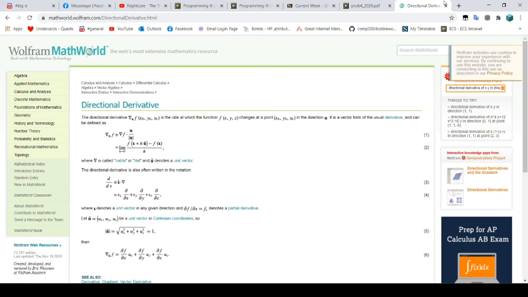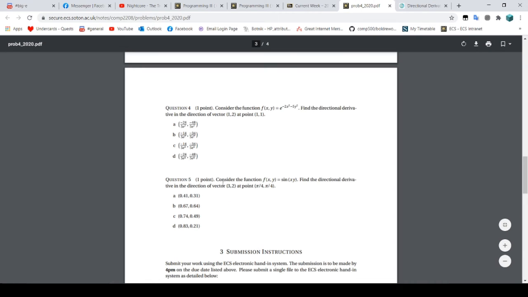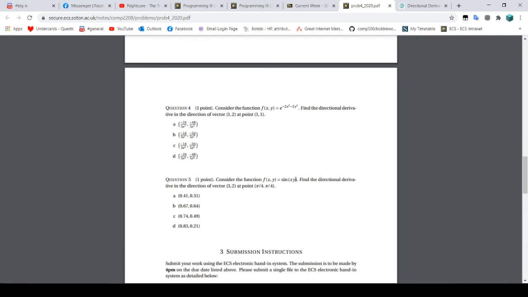Or maybe, wait, no. Maybe this is the direction. You need to root of that. Had you considered that? Wait, but that's not a vector though. That's just the x bit. Oh, maybe you need to work out the x bit and the y bit.